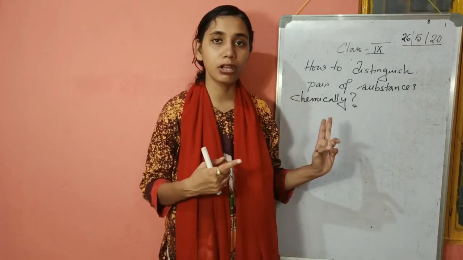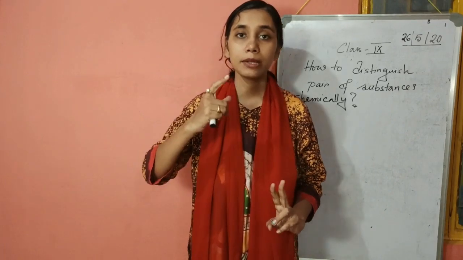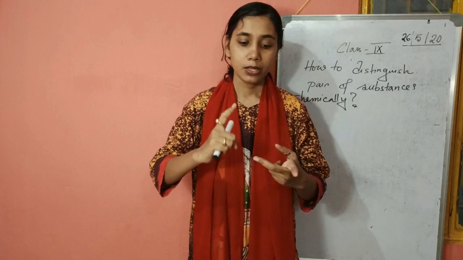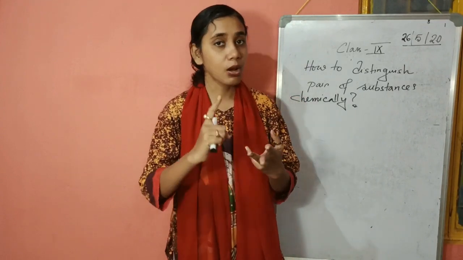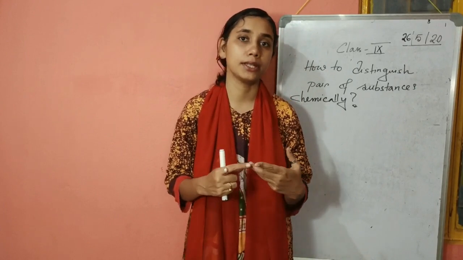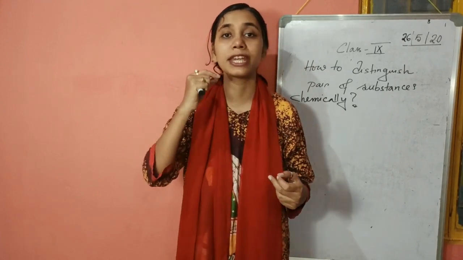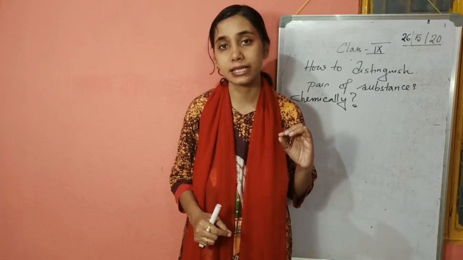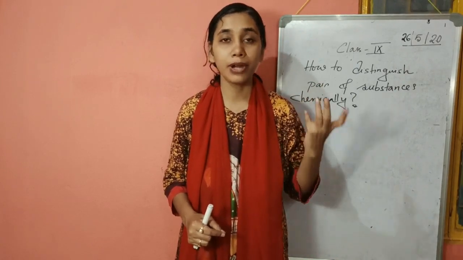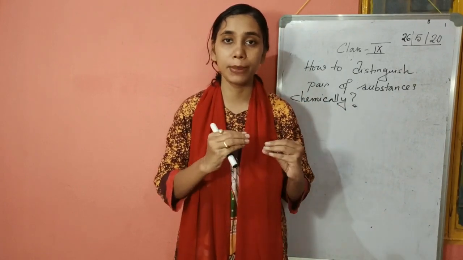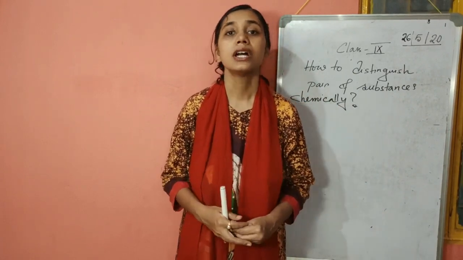Secondly, when you are solving this type of problem, keep in mind that you cannot use any indicator, solubility, colors or odors. Those are physical ways of testing the chemical. The question says distinguish chemically. That means you need to give a chemical test to find out the difference between the pair of substances which are given to you.